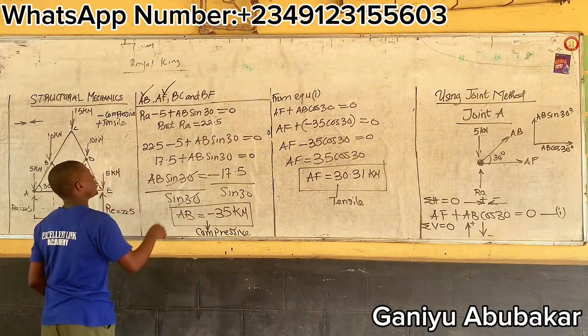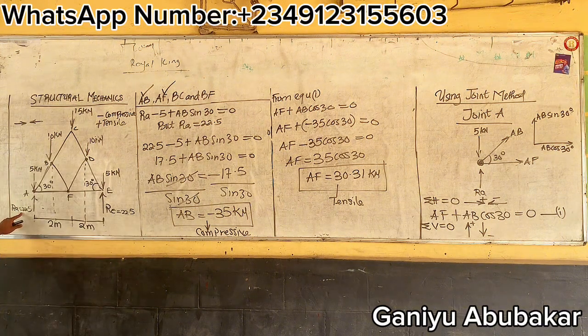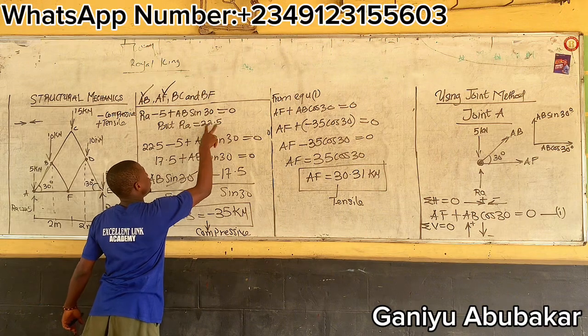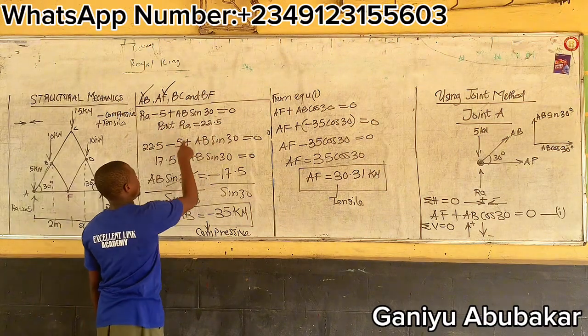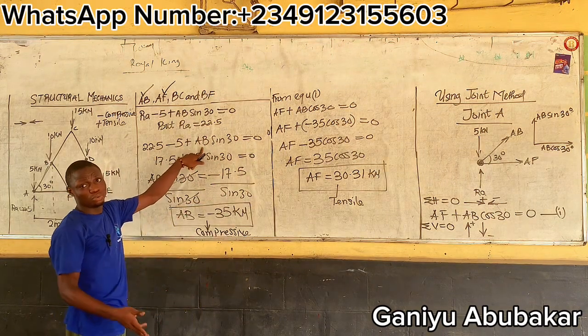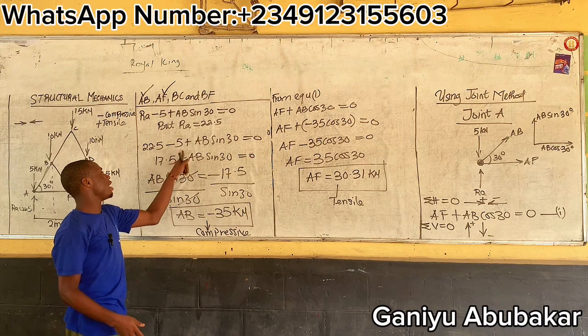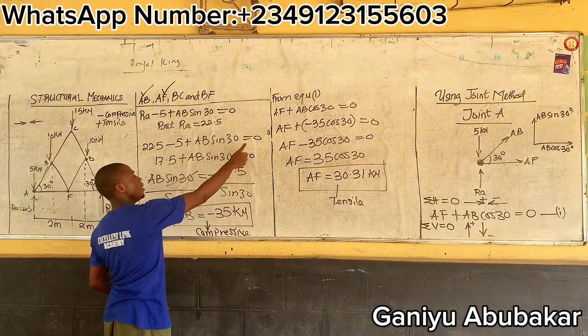What's next here? We know RA as 20.5, Abby. So put the value of 20.5 here. Minus 5 plus AB sin 30 equals 0. How do I get AB? It's quite simple. Do the math here. I'll have this value plus this value equal to 0.